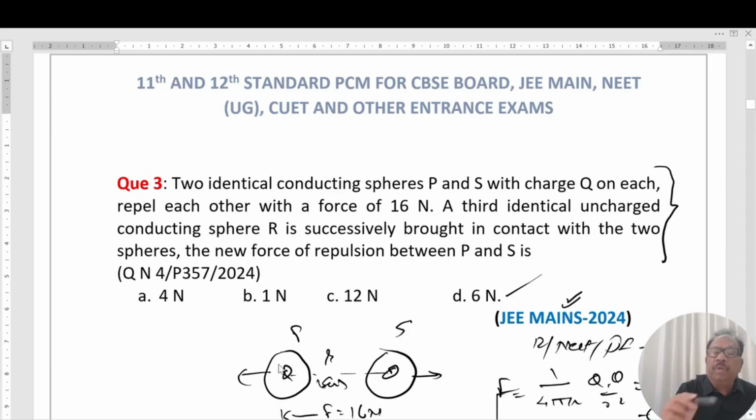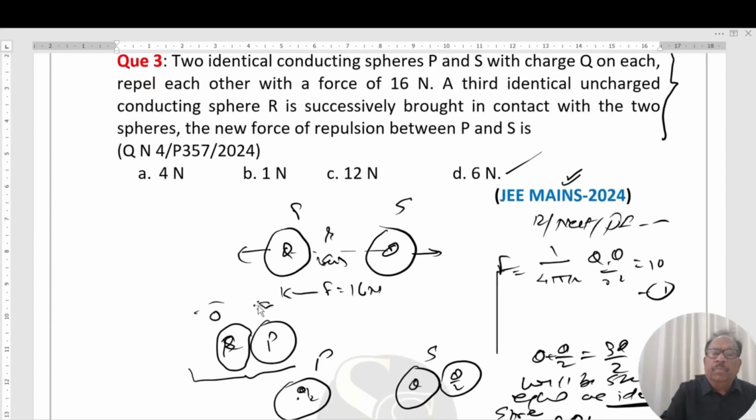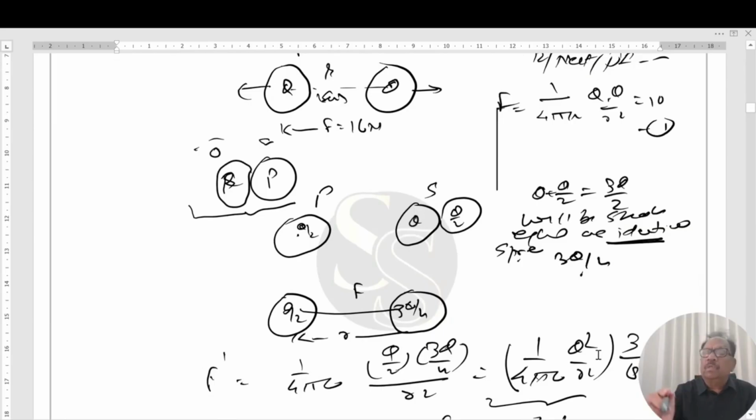Now, this is P and this is R. So, Q plus 0, equally shared, divided by 2. Q by 2 will come on this, Q by 2 on this. Now bring it here. This is Q, this is Q by 2. Q plus Q by 2, 3Q by 2, equally shared, halved. After halving, then the force between them, keeping the distance the same. We have to find the new force acting between them. Simplify, we get the answer 6 Newton. D option is correct, right?